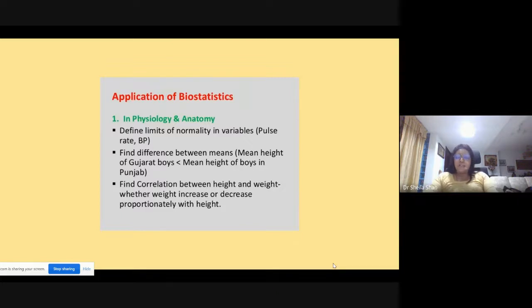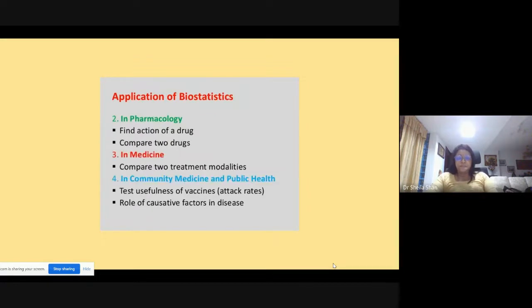So we are looking at two different classes of people, all right? Or find a correlation between height and weight, whether weight increases or decreases proportionally to height. So you're finding a relationship. The number of hours spent studying will increase the performance in your final exam. So you're finding a relationship between number of hours and performance, right?